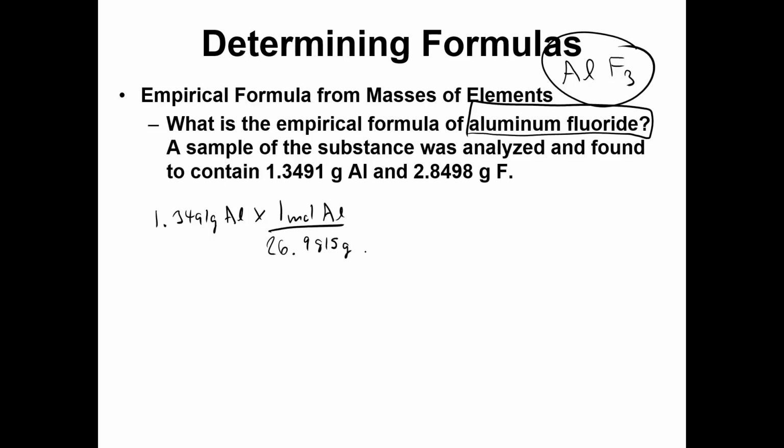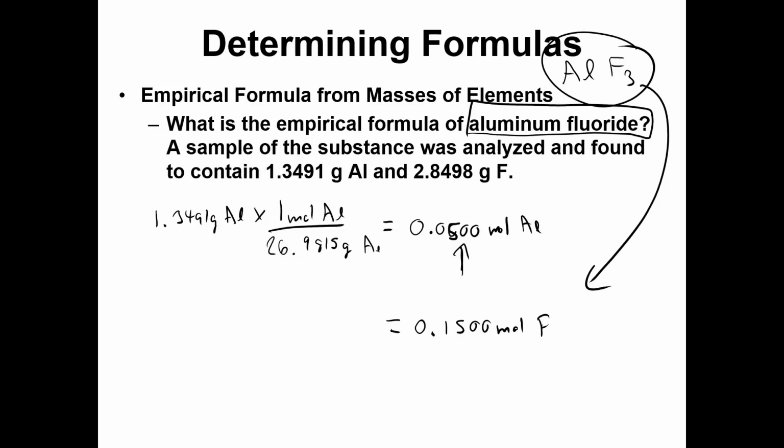That gives me 0.0500 moles of aluminum. That's how many moles of aluminum we have. Okay? And if this is going to be in the 1 to 3 ratio, then if I had to guess, we're going to need 3 times as many moles as that. So the answer here should be 0.1500 moles of fluorine, if this is correct.